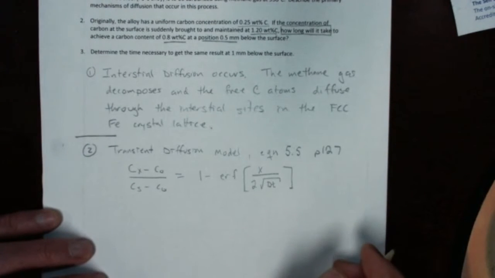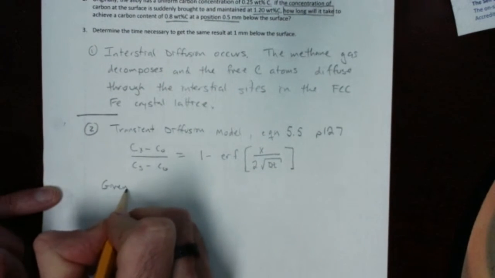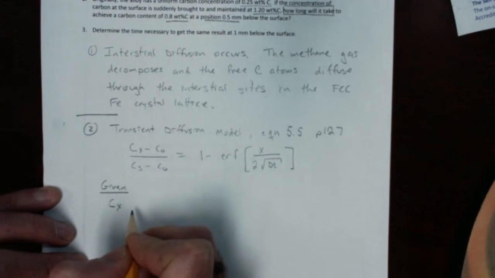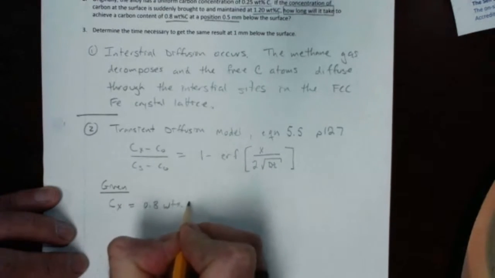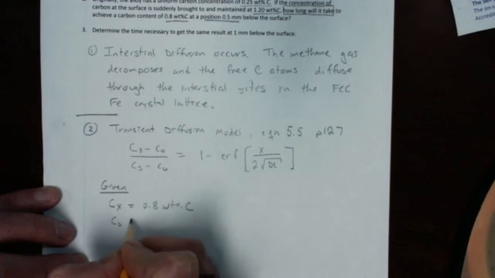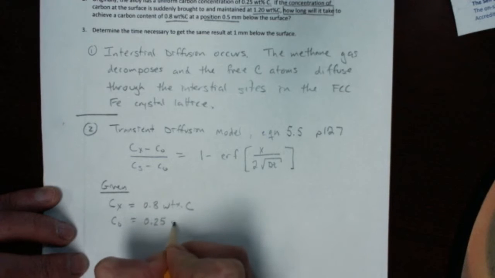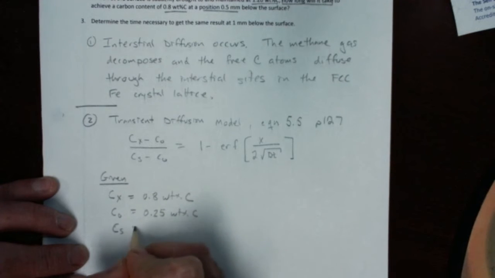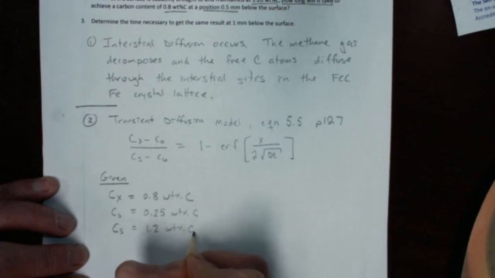So what are we given in the problem statement? What are the knowns? We are given the desired concentration at a position x, Cx, is 0.8 weight% carbon. We're given the original concentration of the carbon in the alloy, which is 0.25 weight% carbon, and the concentration at the surface of the piece of iron at 1.2 weight% carbon.